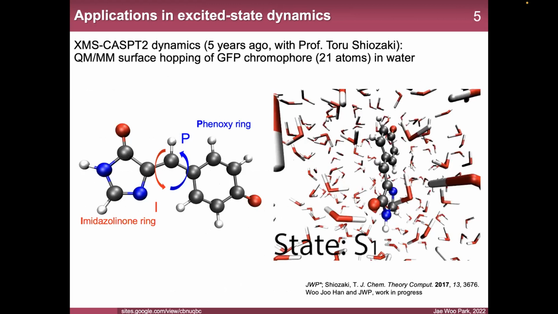This is work from 5 years ago, while I was doing my postdoc with Professor Toru Shiozaki. I did CAS-PT2 nonadiabatic dynamics simulation of the JP chromophore. There are two channels responsible for the deactivation of the excited state. CAS-SCF simulations normally prefer the P channel to be responsible for the nonadiabatic decay.